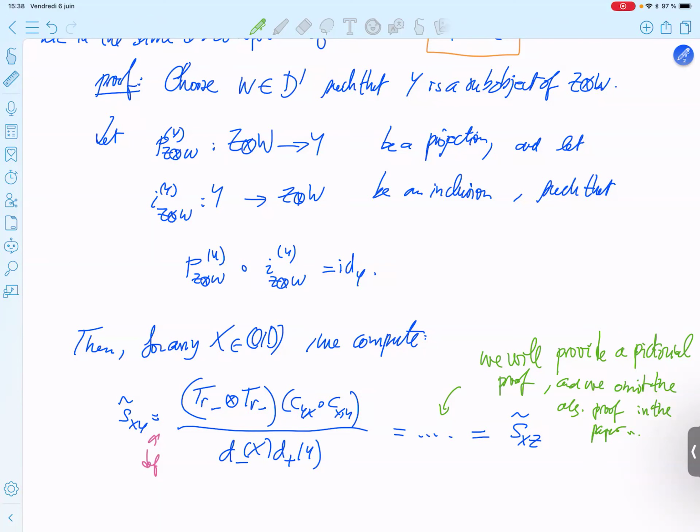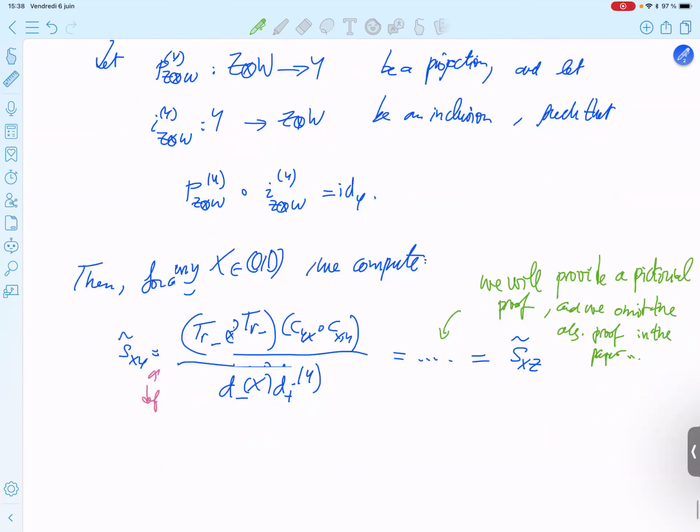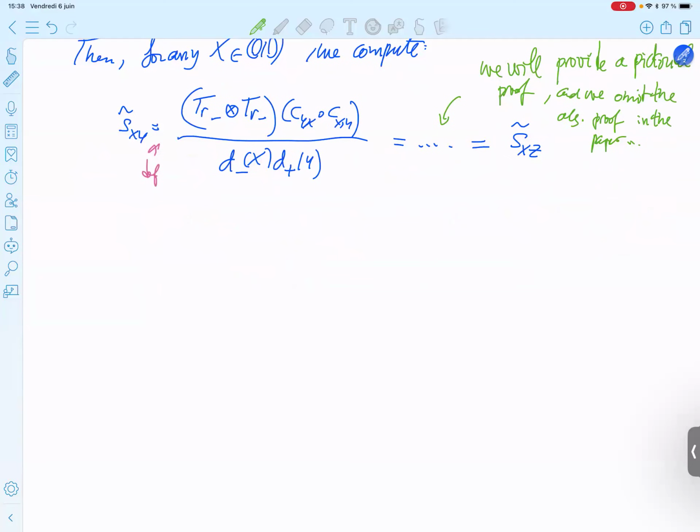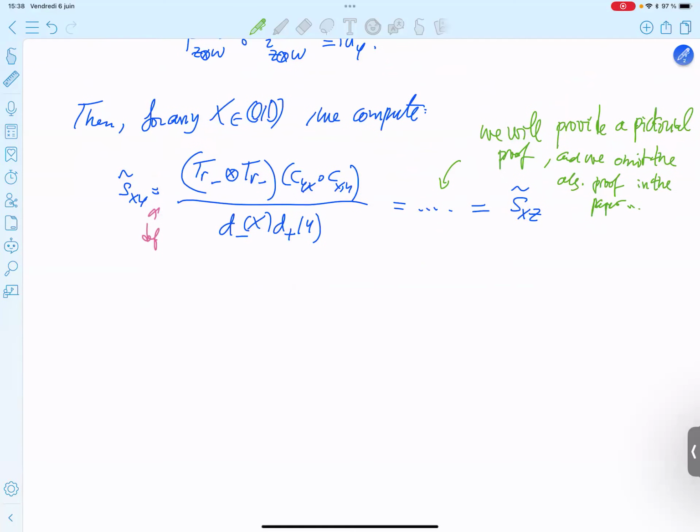It's too complicated for me. Everything reduces to a picture, and it's much more readable as a picture. Okay, so we will focus on this. So we will make a picture for that.